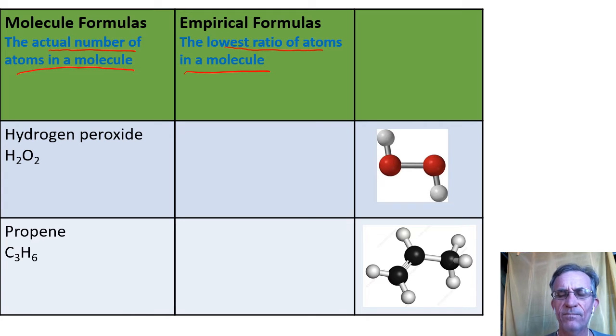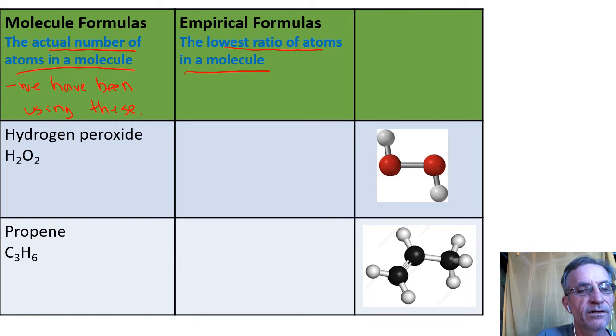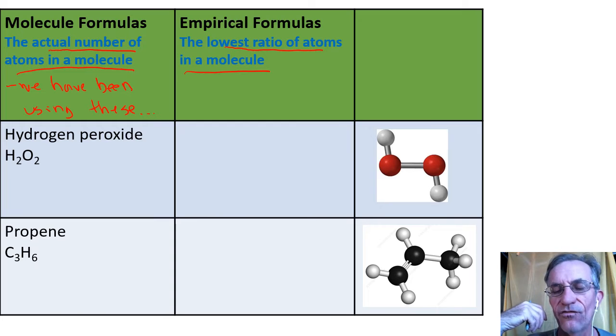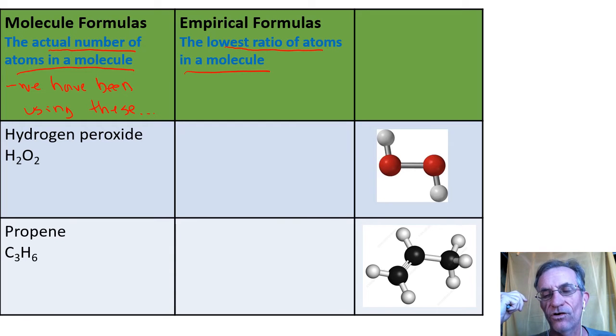So as far as another thing that is different, or I should tell you about them, is that so far, this semester, we've generally been using molecular formulas. All right, we have been using these so far. So why do we even want this other way of writing the formula of a compound? Why do we even want empirical formulas?